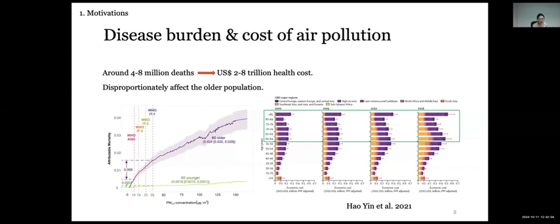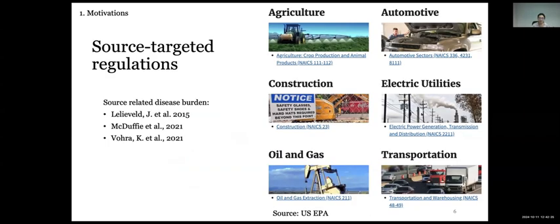Therefore, there is a substantial, disproportionate effect on the older ones. And more importantly, we found that globally, health costs on the population older than 60 years old accounted for more than 60% of global health costs from PM2.5 pollution.